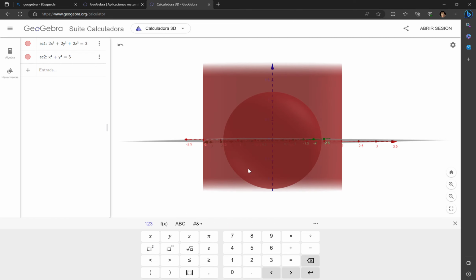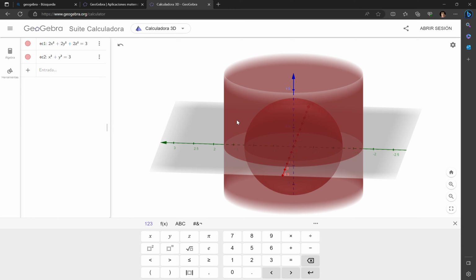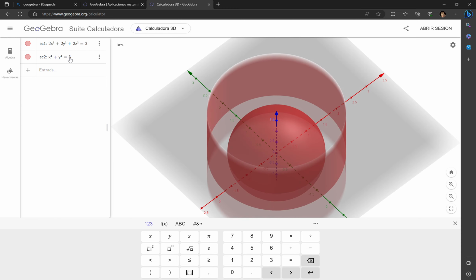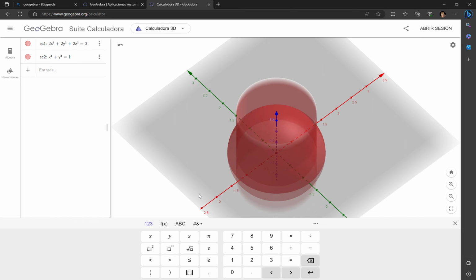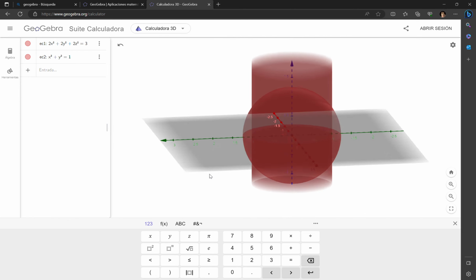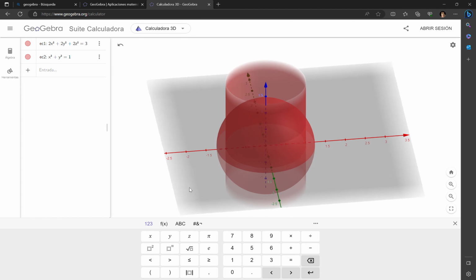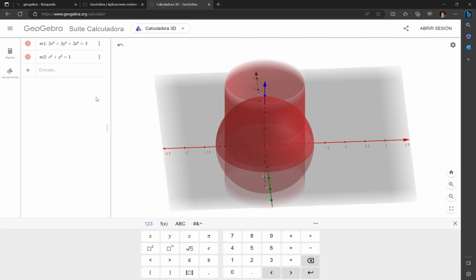We have the sphere, the cylindric, or 2. It's smaller than the sphere. If we use the 1, the cylindric is smaller than the sphere.